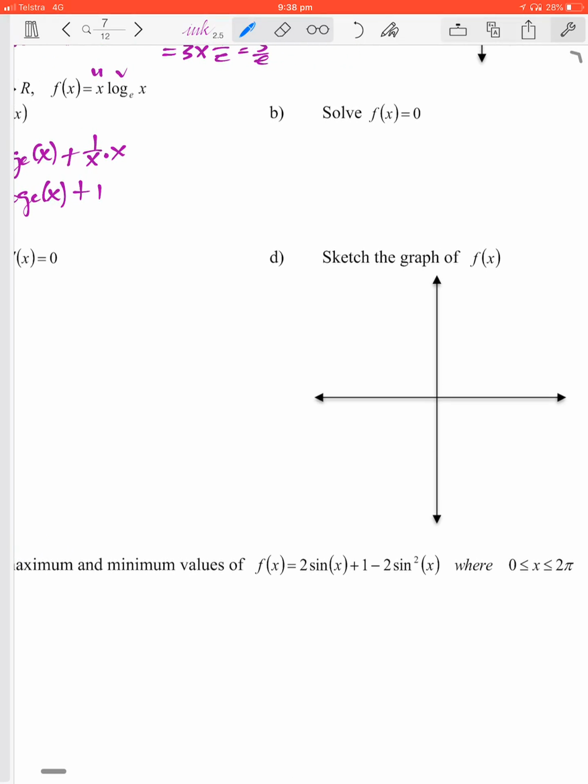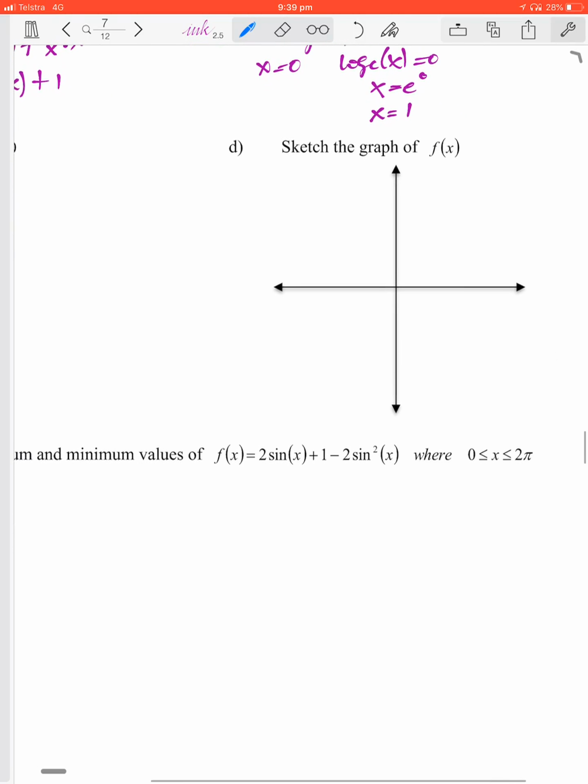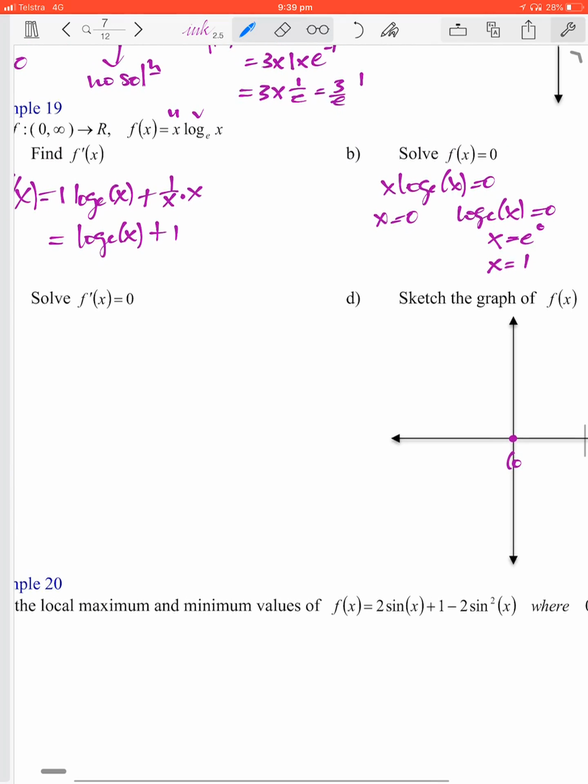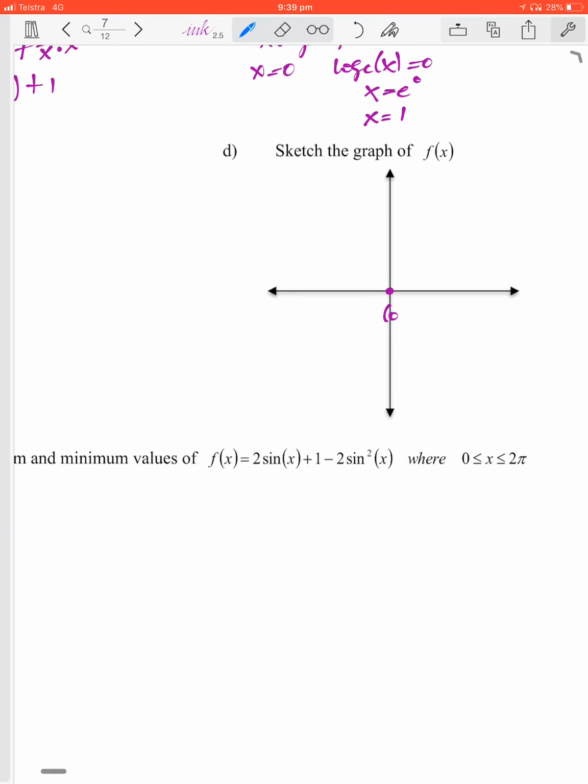Solve f of x equals 0. So x log e x equals 0. So I get x equals 0 and log e x equals 0. Here, I get x equals e to the 0, which is 1. So it's got x-intercepts at 0. But we can't log 0, can we?